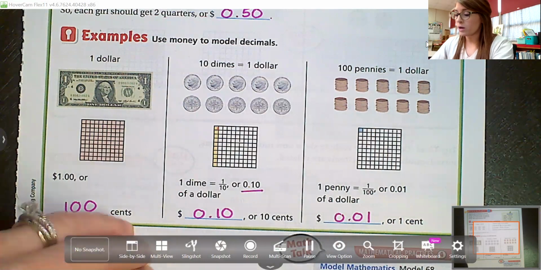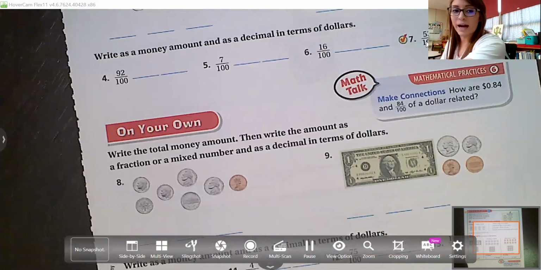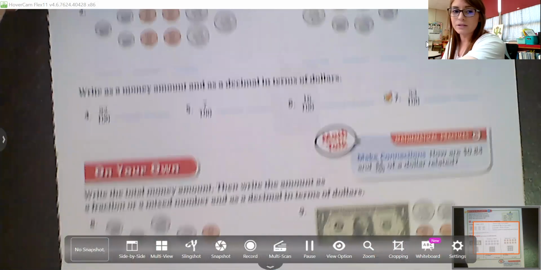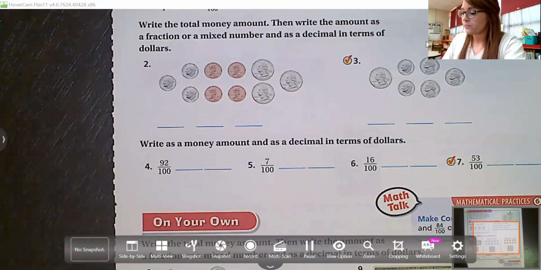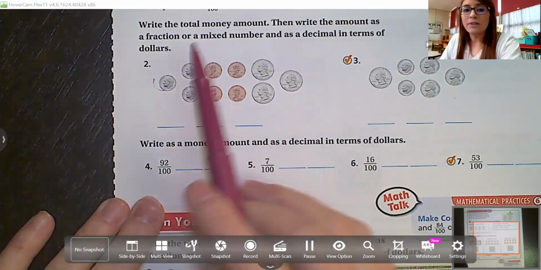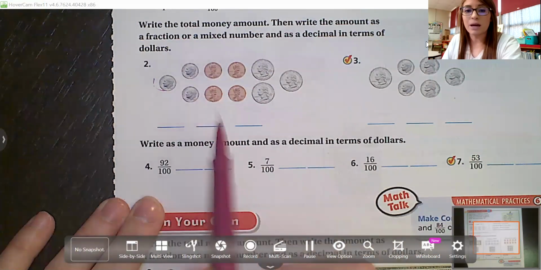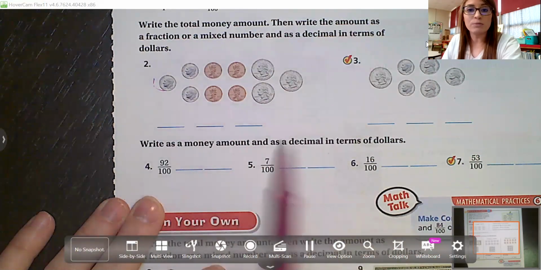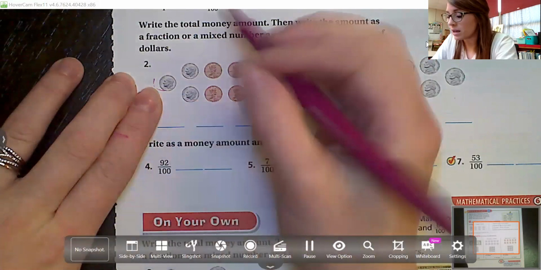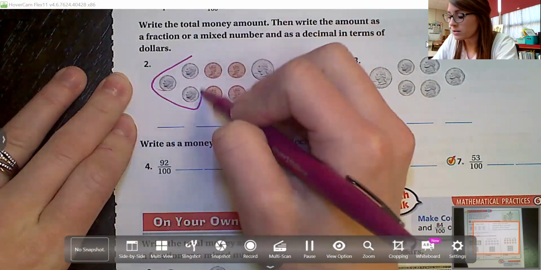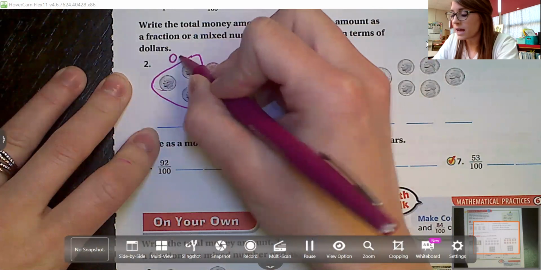Now we're going to write out these amounts. It says we're going to write the total money amount, then write the amount as a fraction or a mixed number, and as a decimal in terms of a dollar. Let's count this money. I'm going to count these dimes first: 10, 20, 30 cents.